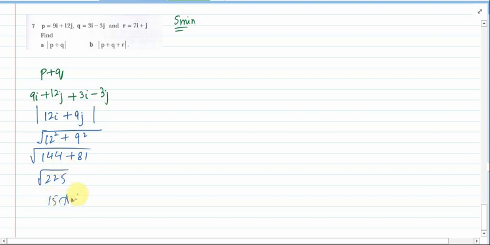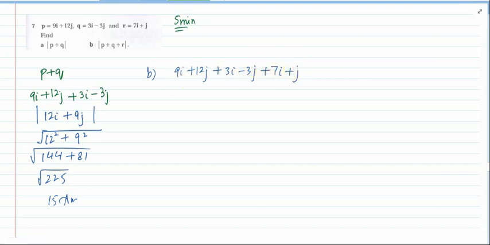For part D, we need to find P plus Q plus R. So 9i plus 12j plus 3i minus 3j plus 7i plus j. 9 plus 3 is 12, 12 plus 7 is 19i. 12 minus 3 is 9, 9 plus 1 is 10, so plus 10j.